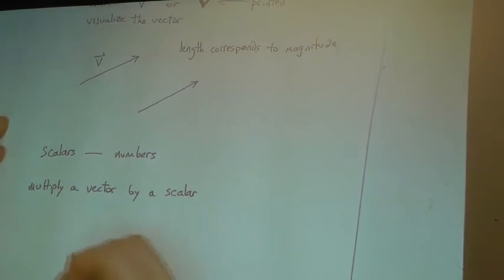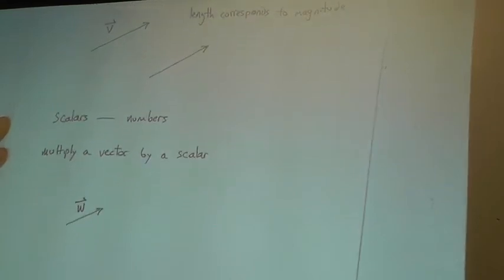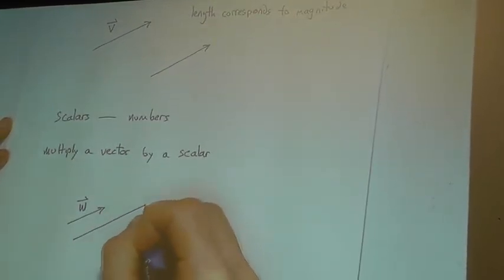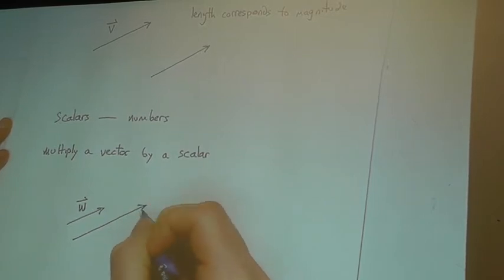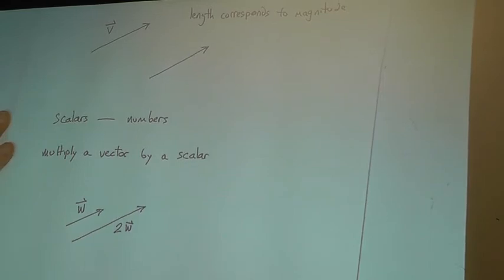So for instance, if this is the vector W, to the best of my ability, this would be the vector 2W.